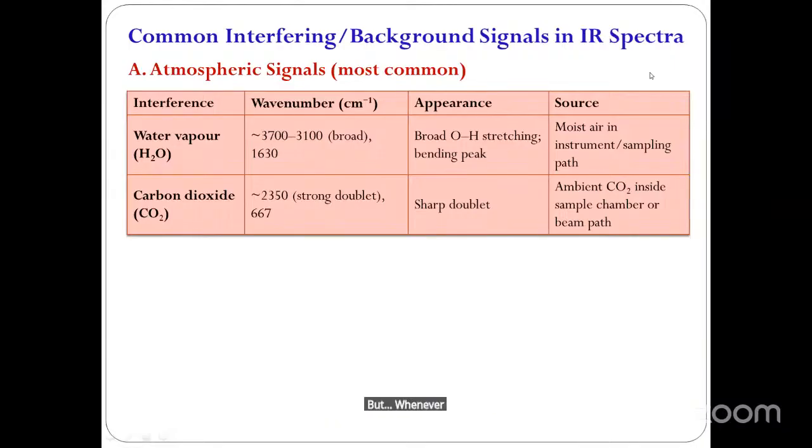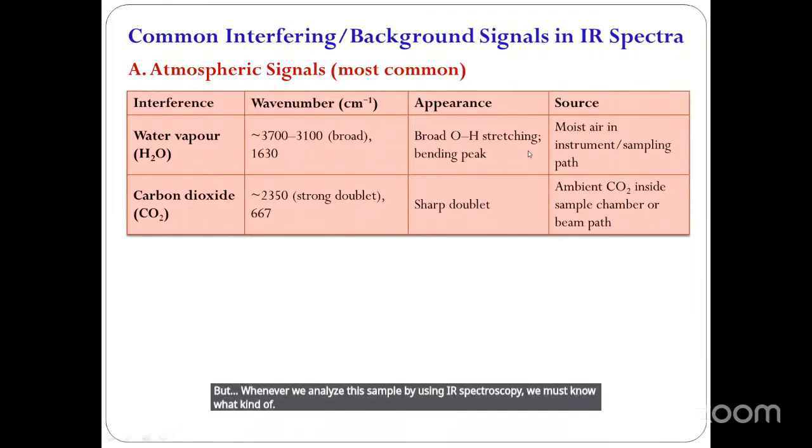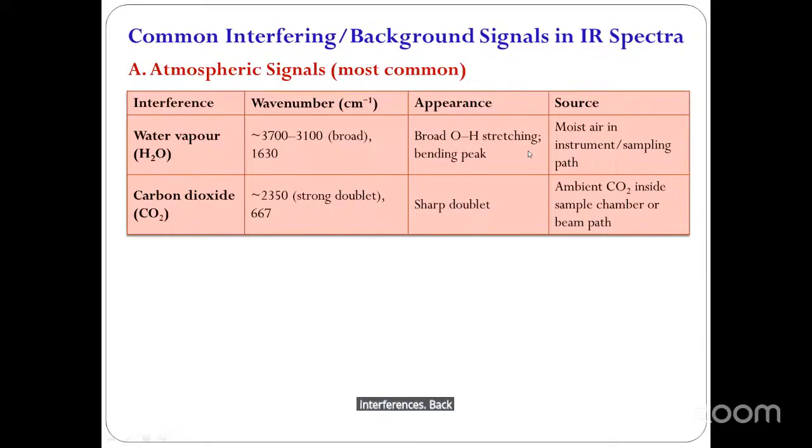But whenever we analyze a sample by using IR spectroscopy, we must know what kind of interferences and background noises create problems in IR spectra. The first and most important problem, which is very common in the analysis of samples by IR spectroscopy, is water vapor and carbon dioxide.